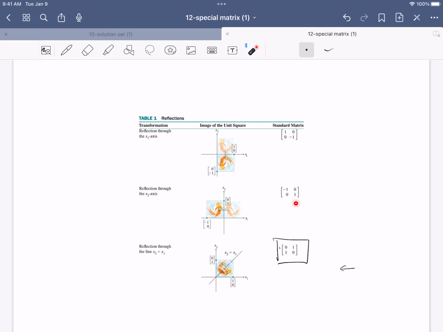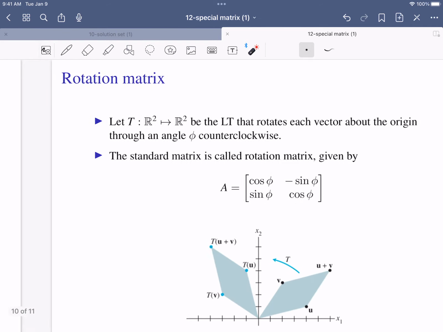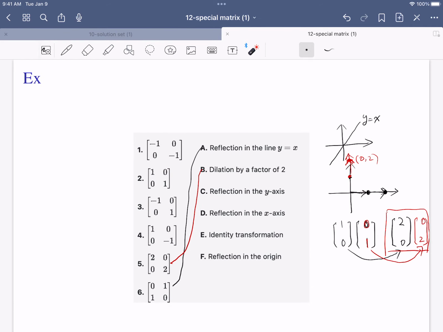So we have -1, 1 as diagonal entries. So we can get this. Reflection in the x-axis, we can also find from our table, so this is supposed to be number 4.